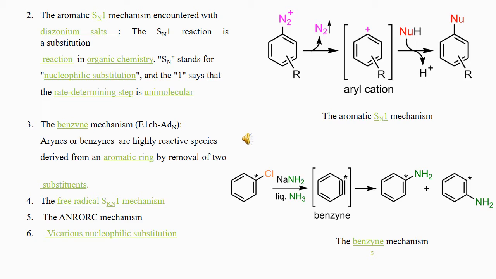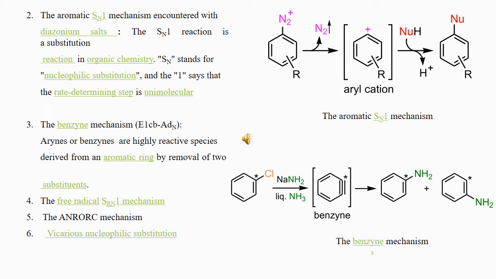Arynes or benzynes are highly reactive species derived from an aromatic ring by the removal of two substituents: chlorine from the upper carbon and hydrogen from the lower one have been removed to make this benzyne. So this mechanism proceeds through the benzyne intermediate, so that is called benzyne mechanism, and then the attacking nucleophile attaches on the benzyne ring.